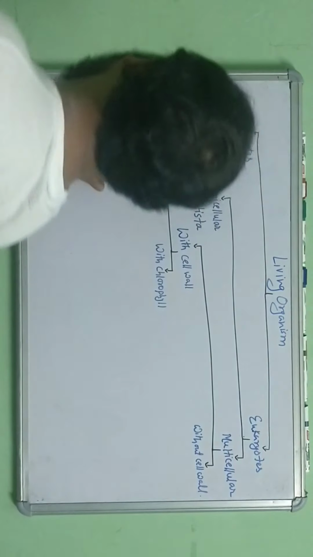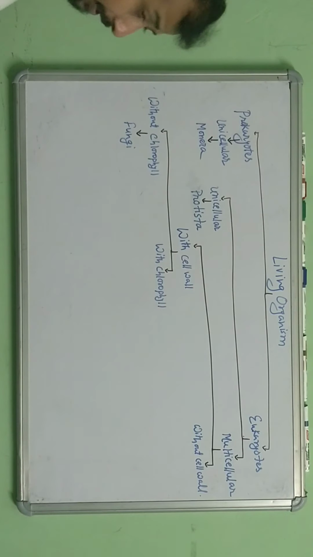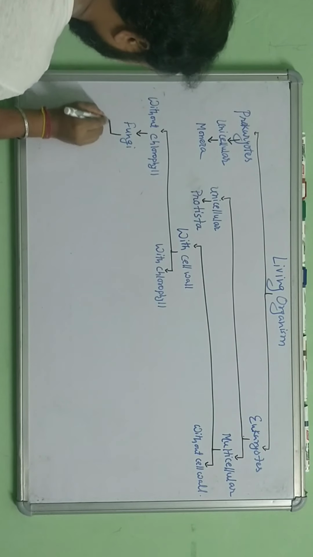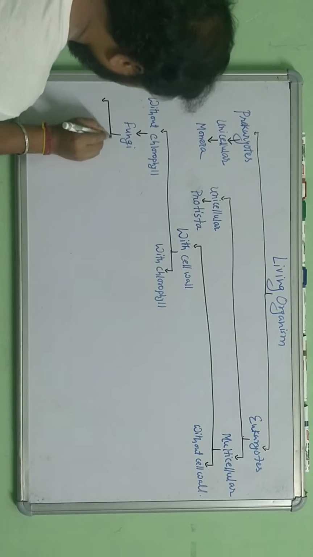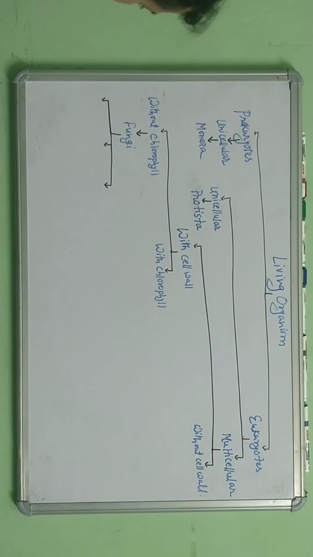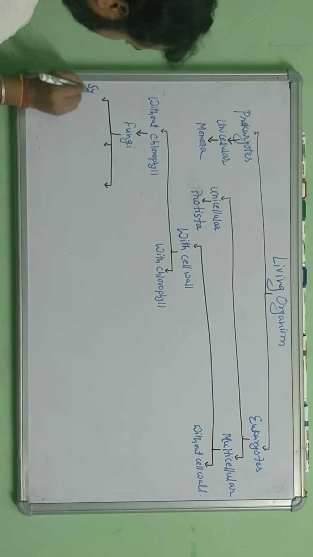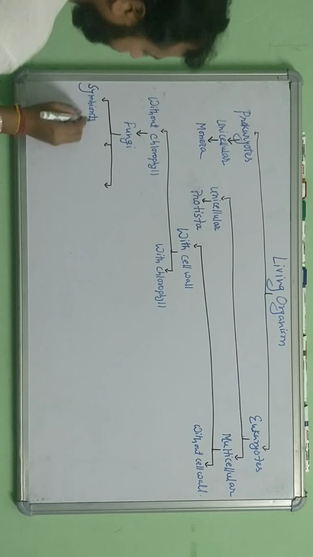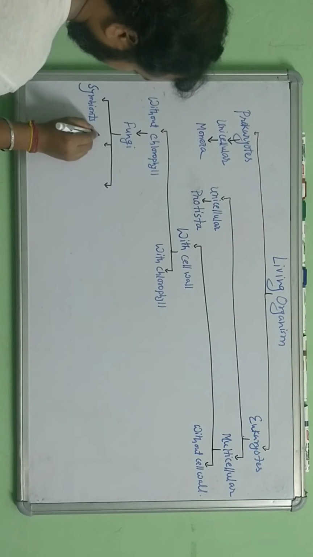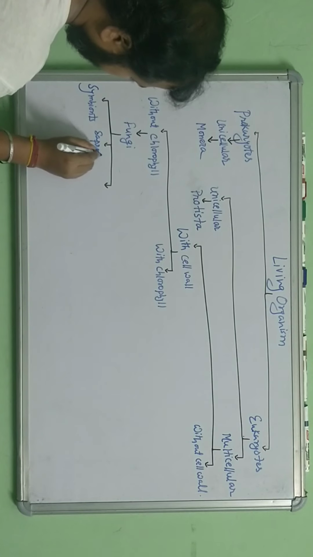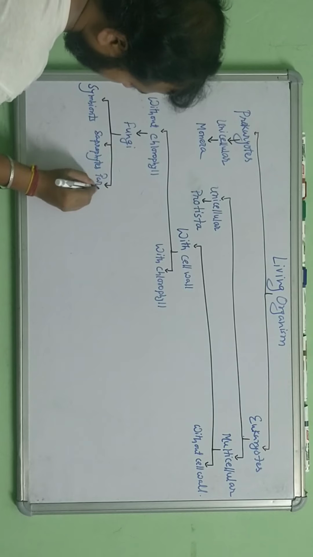Now, if I look at the fungi, we can categorize the fungi again into smaller categories. They can be symbionts, they can be saprophytes, or they can be parasites.